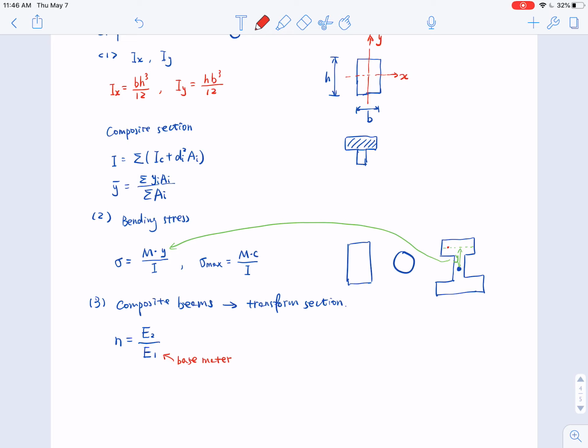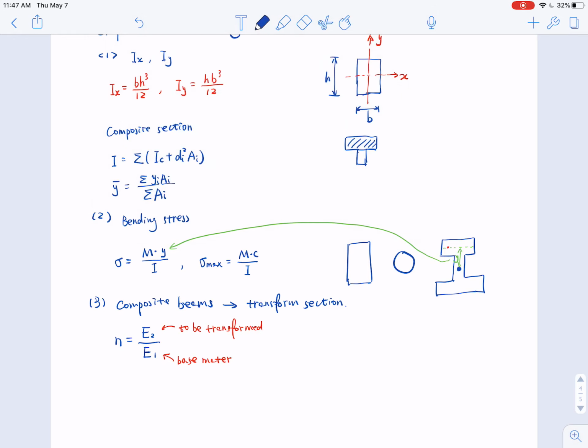Base material means that your material 2 will be transformed into material 1. And material 2 is the material to be transformed. So your material 2 will be transformed into material 1, right? So let's see here.